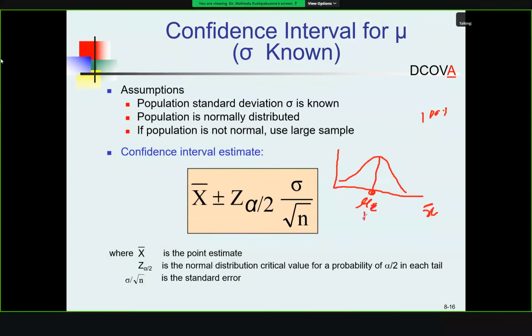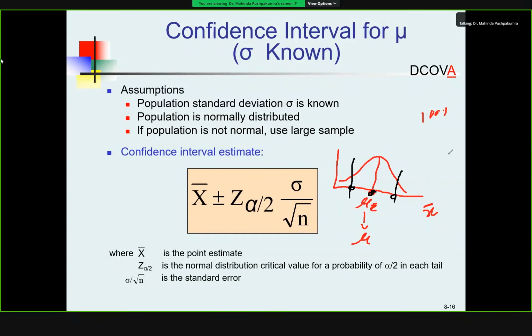Or this is the population mean. Now what we are going to do is identify a range for the population mean. Population mean is here. Then we want to find the lower limit and upper limit.